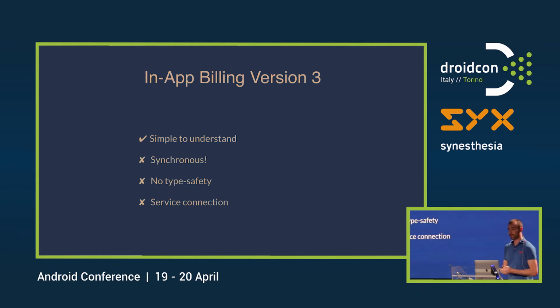And also, the documentation for this is non-existent. Maybe some of you remember we had this TrivialDrive sample on Google Code, I think, that is now on GitHub. And that was the only kind of documentation that we had. We were given an implementation of these APIs, and we were just told, OK, just copy-paste this and put it in your app.